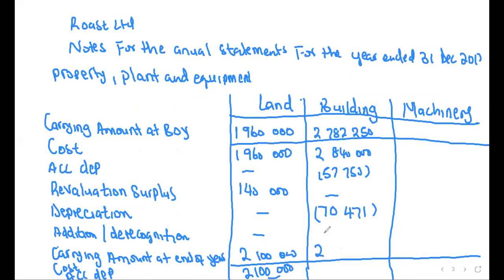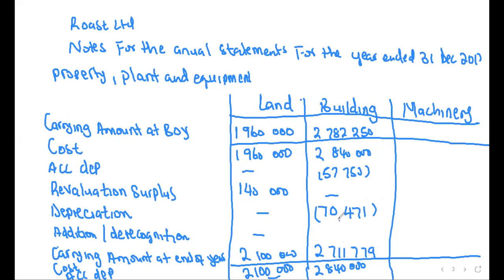So after we are done with the calculations, just copy and paste. Accumulated depreciation, we need the cost. There was no addition, so the cost is still the same, 2,840,000.